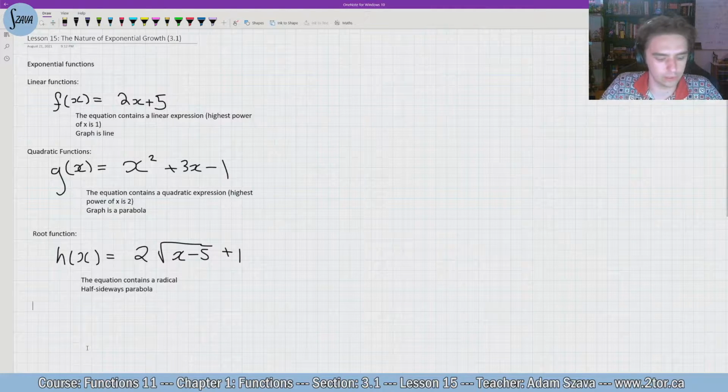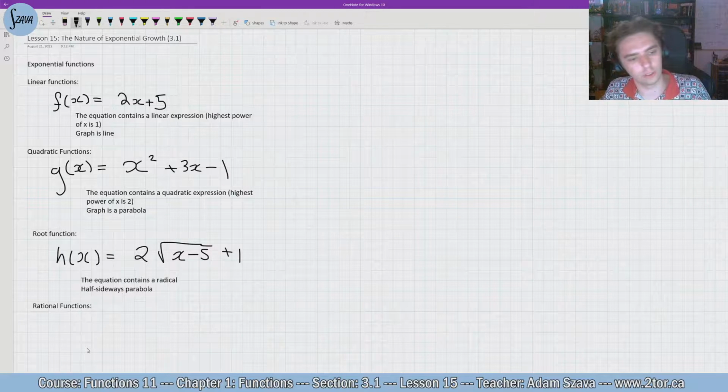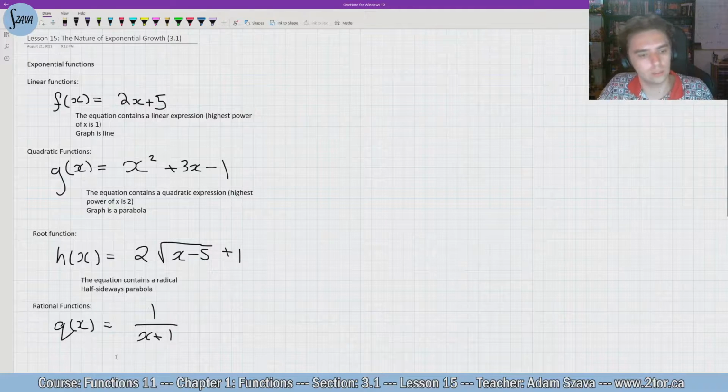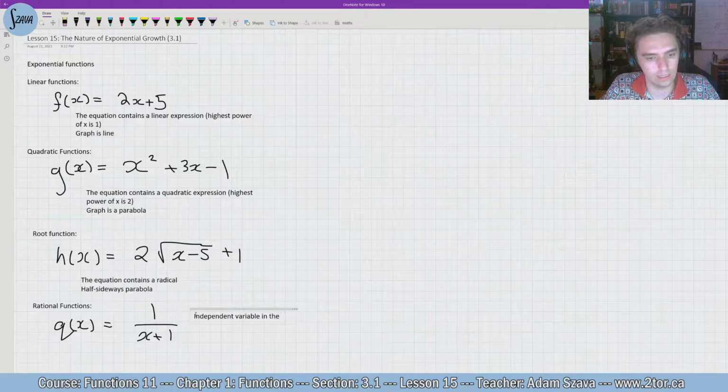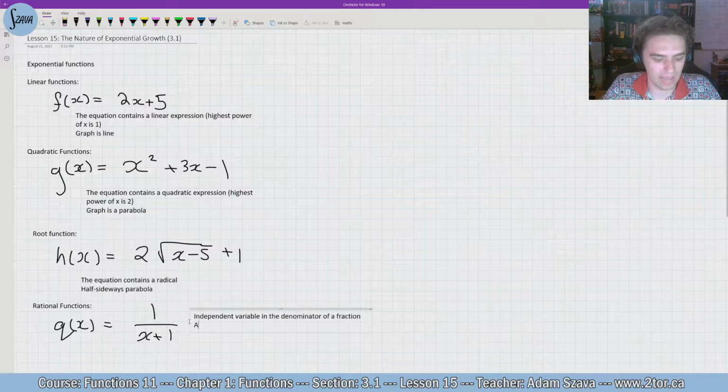One more thing, we also have our rational functions, which are functions like q of x equals 1 over x plus 1. So you have the independent variable in the denominator of a fraction, and this makes asymptotes.